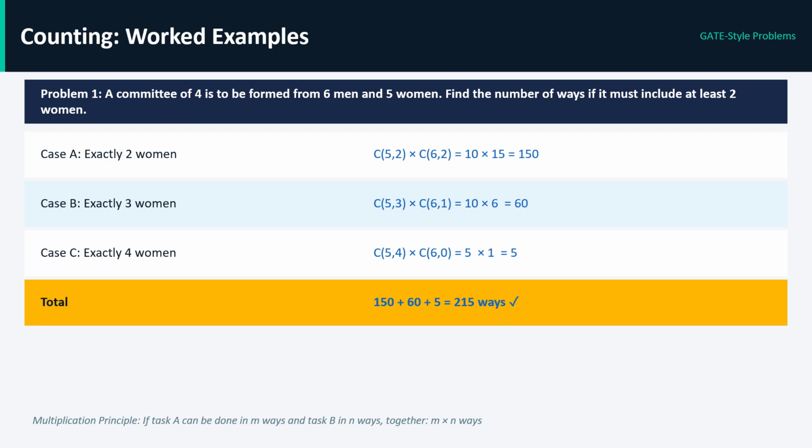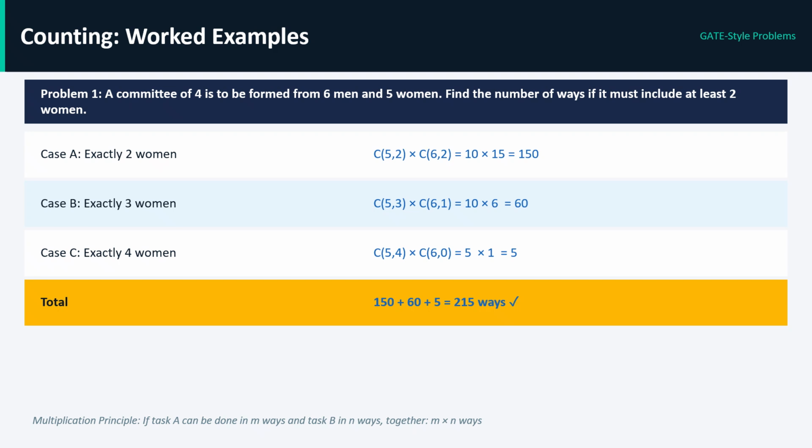These two women can be selected out of five possible members in C(5, 2) ways, and the remaining two members can be selected from the men. There are a total of 6 men, and two members need to be selected. That's why C(6, 2).